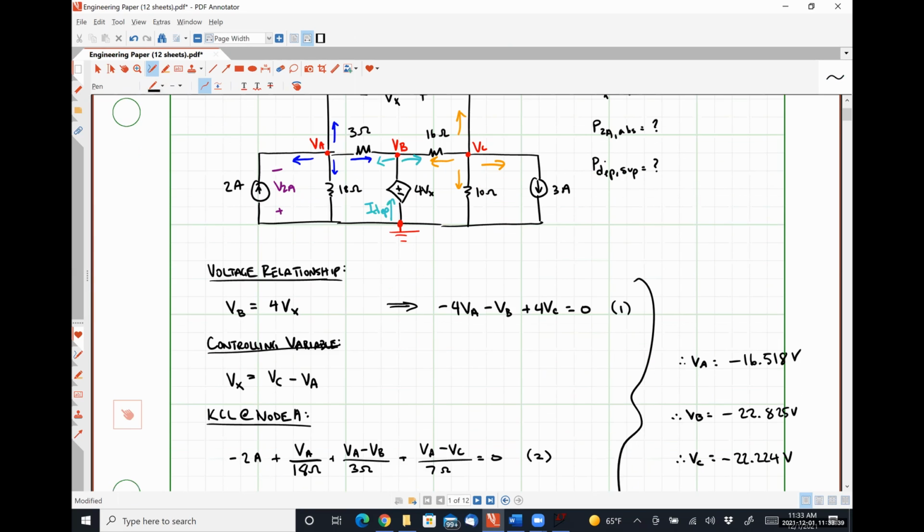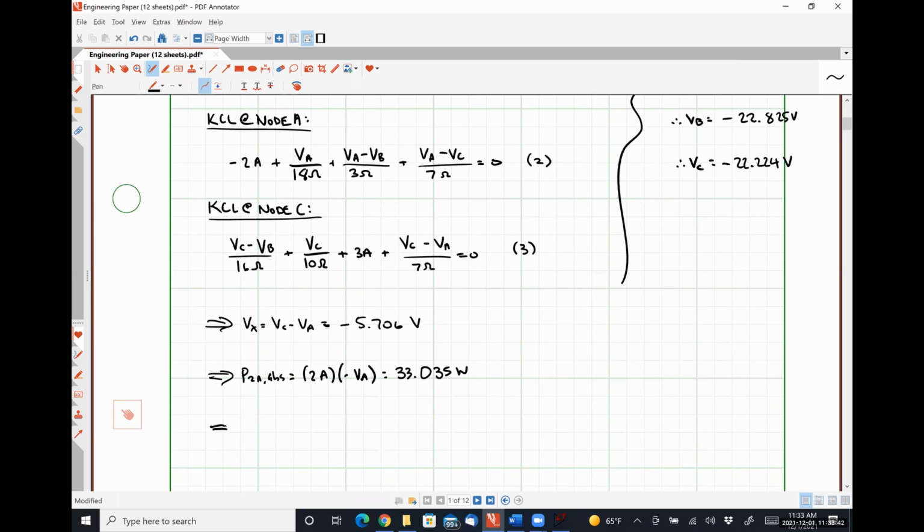So from that, P dependent supplied is 4 times VC minus VA multiplied by VB minus VA over 3 ohms plus VB minus VC over 16 ohms, which gives us 48.486 watts power supplied.